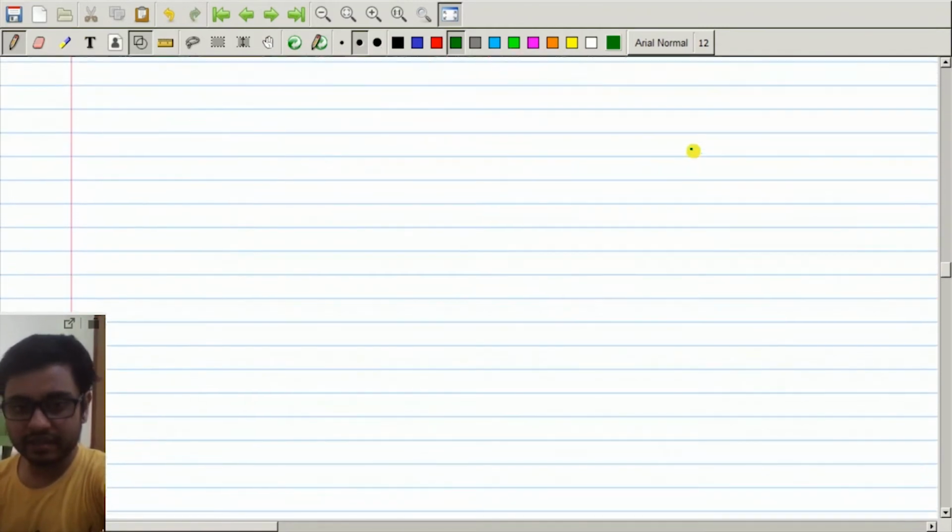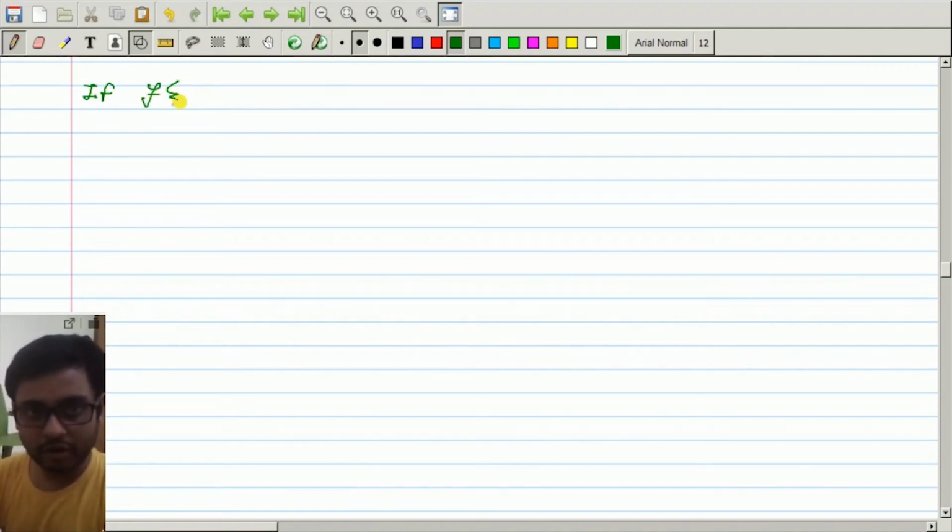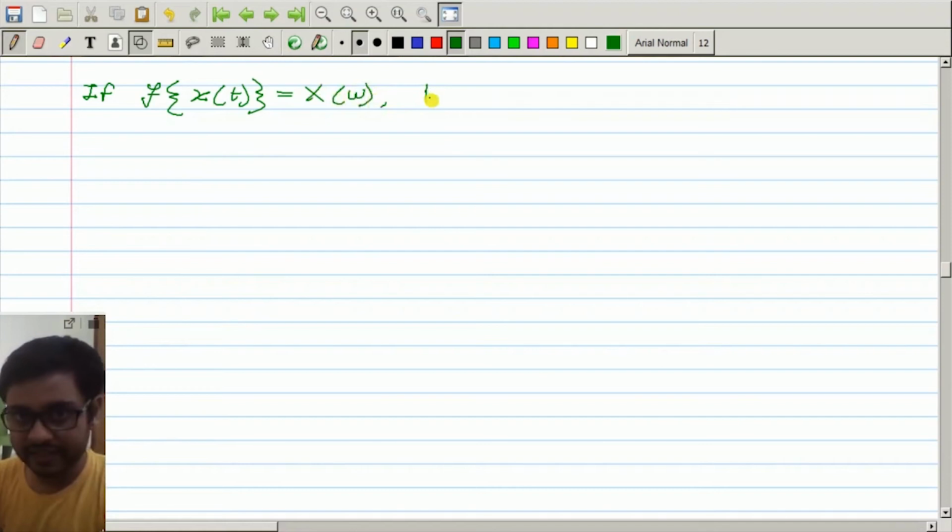Next, let us learn another new property. Suppose the Fourier transform of small x(t) is again capital X(omega), then what will be the Fourier transform of t multiplied with x(t)?